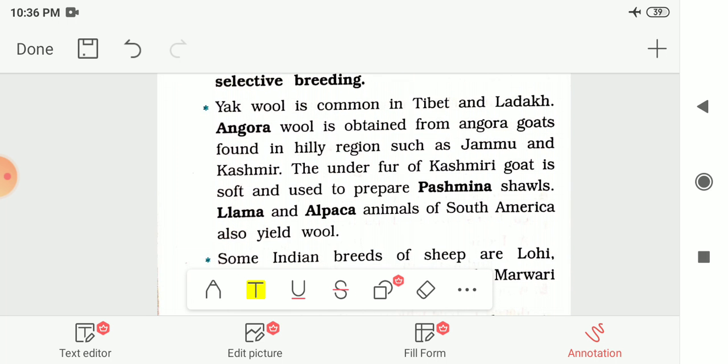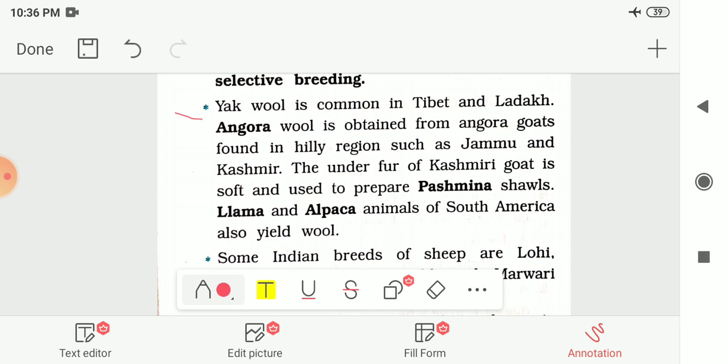Yak wool is common. Then we had seen the wool we are getting from different animals. Yak wool is common in Tibet and Ladakh, whereas Angora wool is obtained from Angora goats, which are found mainly in hilly regions such as Jammu and Kashmir.